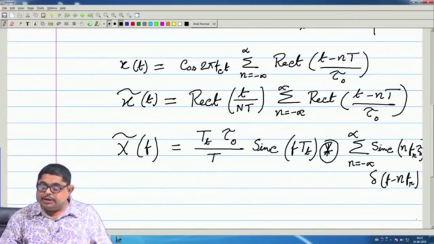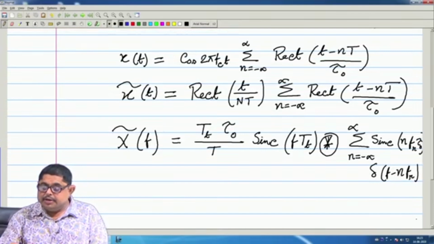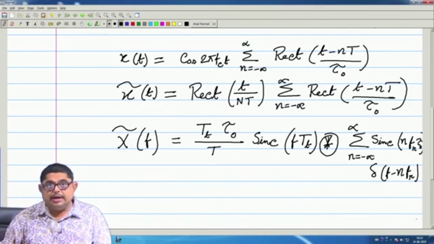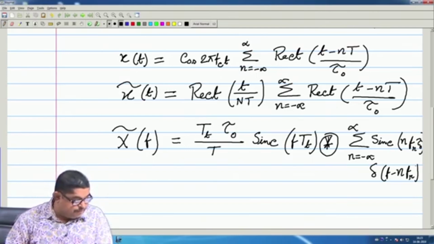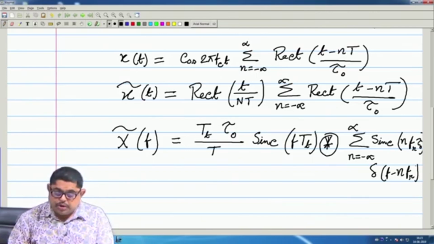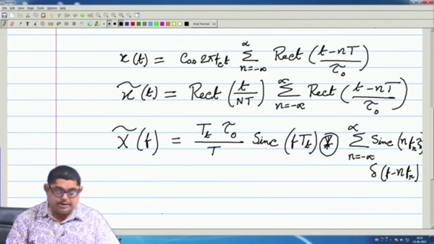So, this is the spectrum. You see that a sinc function is convolved with a delta function, whose envelope is again given by a sinc function.